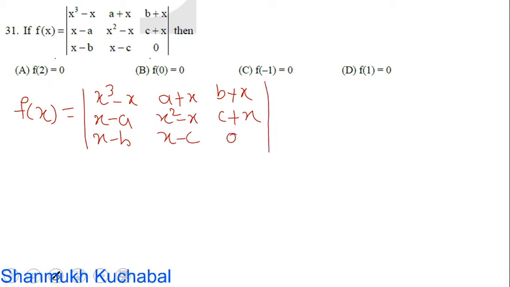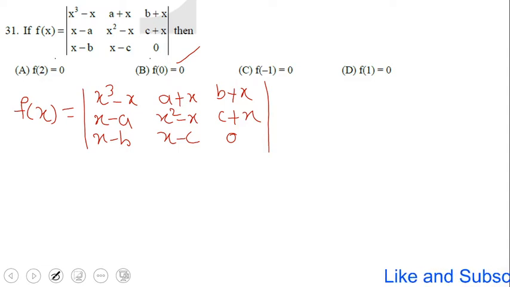So first we will start with a lower value, simple value. We will take x as 0. So after simplifying the determinant, if we get LHS equal to RHS, then that will be the correct option. So let us begin with option B.